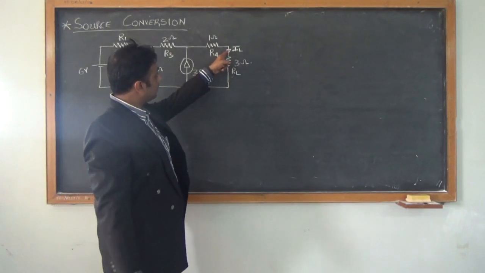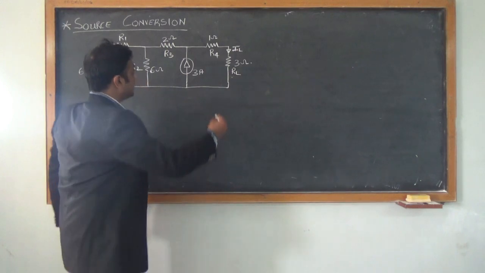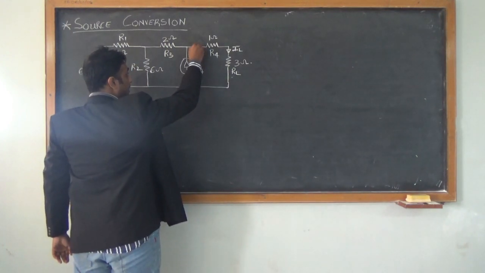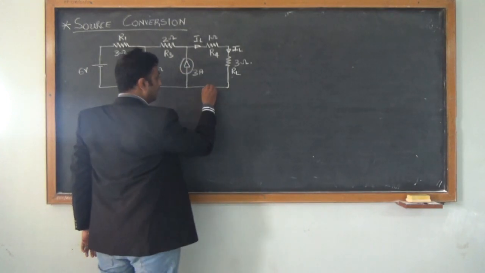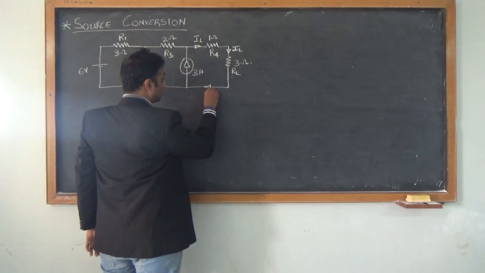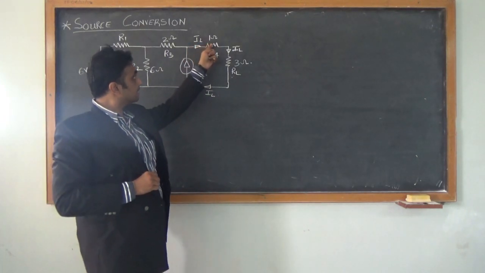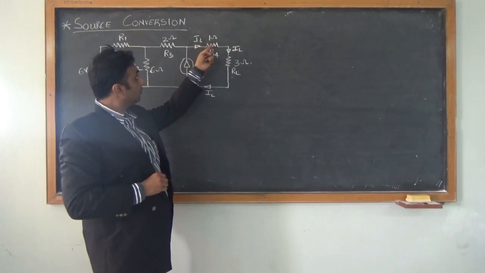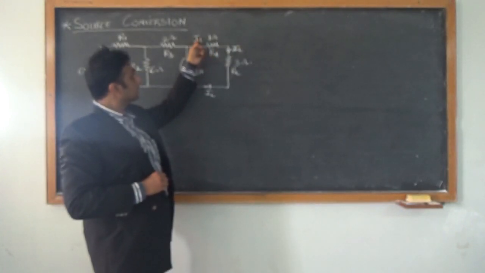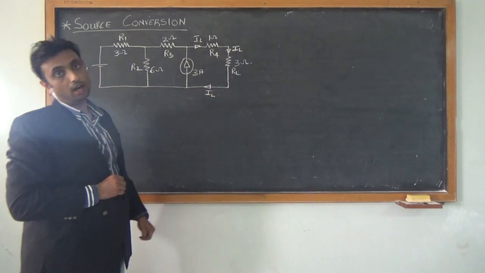If the current flowing in the 3 ohm resistor is IL, then I can say the current flowing here is also IL. In the same way, the current flowing here is also IL. So if I know the current flowing in this resistor is IL, then definitely the current flowing in this resistance is also IL.